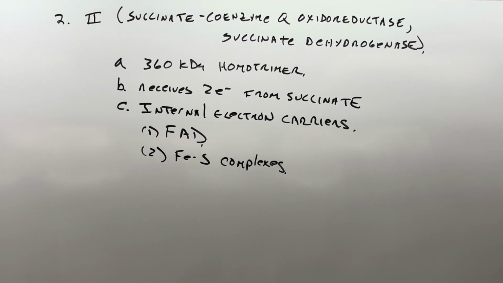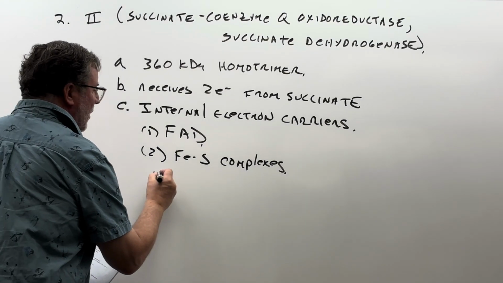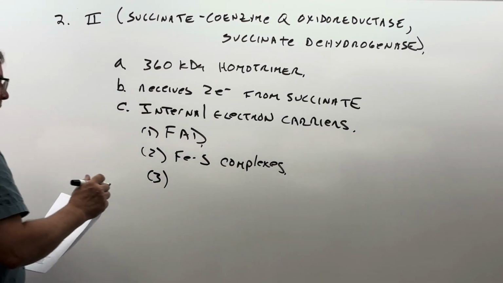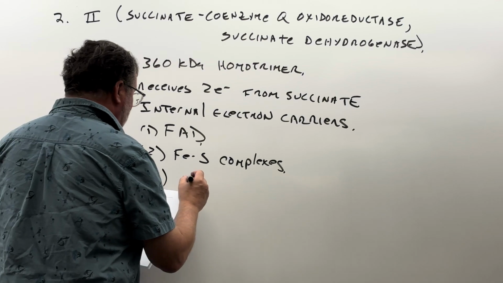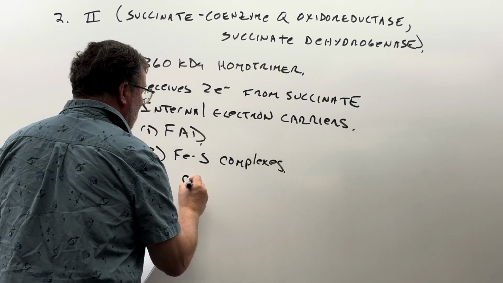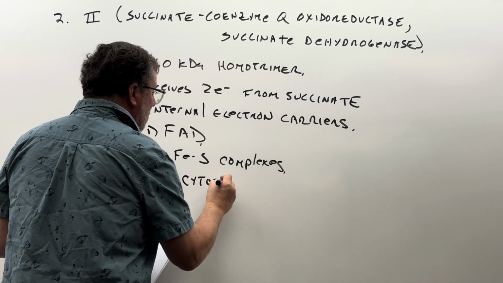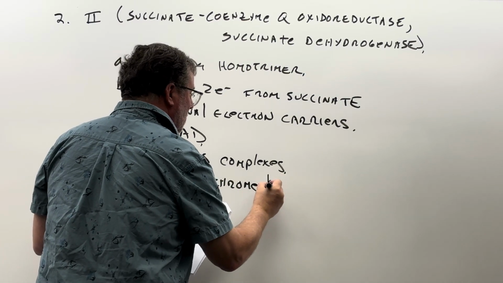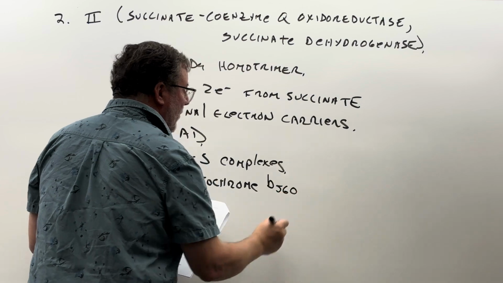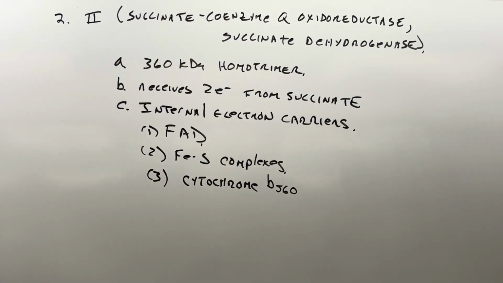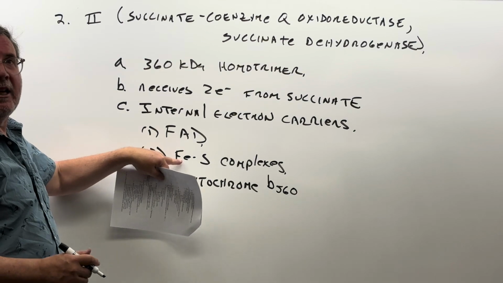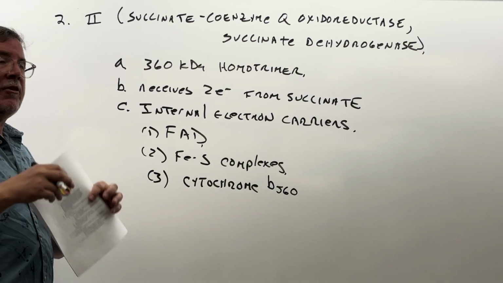Then it also has the other one. Here we're going to introduce cytochromes, this particular one known as cytochrome B560. So this is a heme protein. Now our iron, instead of being associated with a bunch of sulfur atoms, is actually complexed in with a heme.